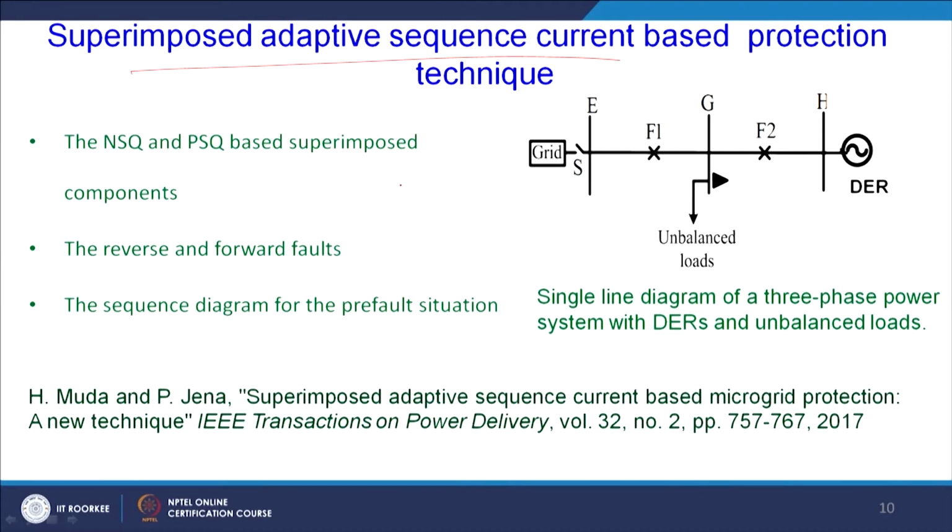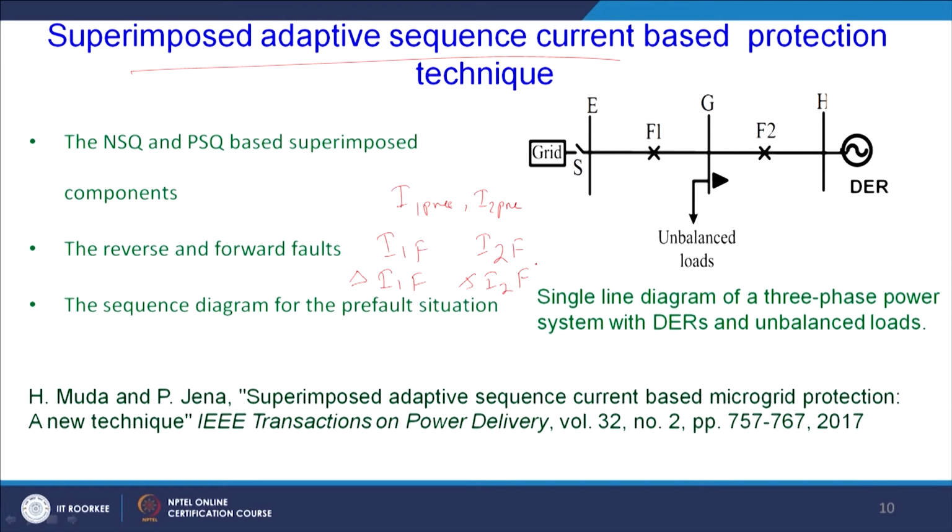We also depend on the positive sequence pre-fault current and the negative sequence pre-fault current, and again we calculate the positive sequence fault current and the negative sequence fault current, and also the superimposed positive sequence fault component and the superimposed negative sequence fault component.